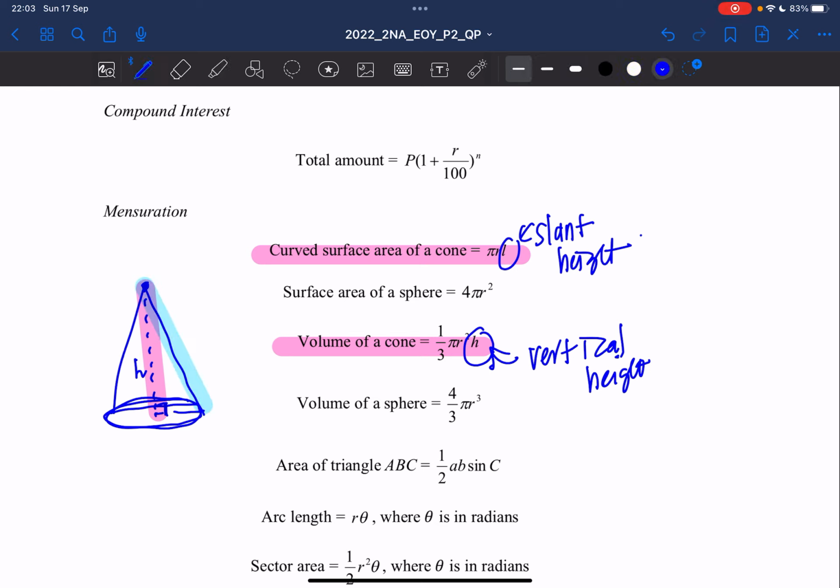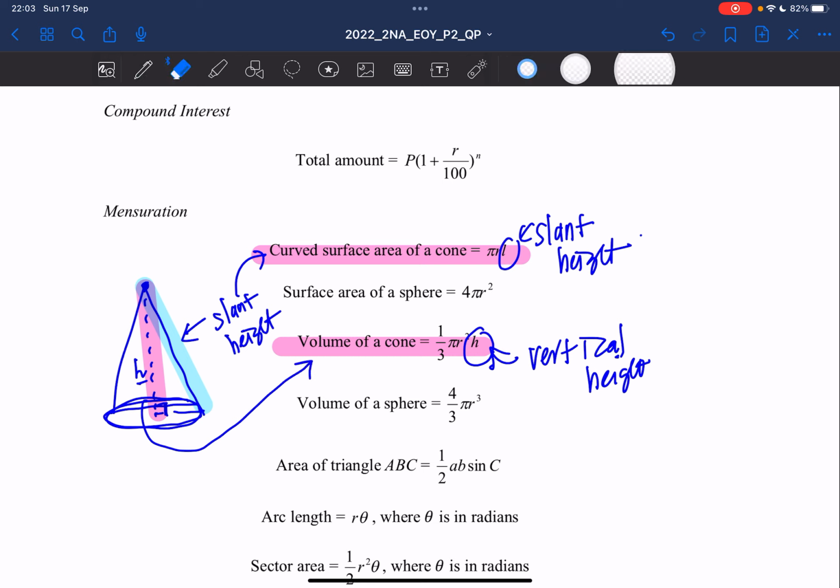This height is called your slant height. So for a cone, there are two kinds of heights. The slant height is the one used to find curved surface area. The second height is the H, the vertical height. That one is used to find the volume. So this is the volume of a cone that we need to find: 1/3 pi r square H.